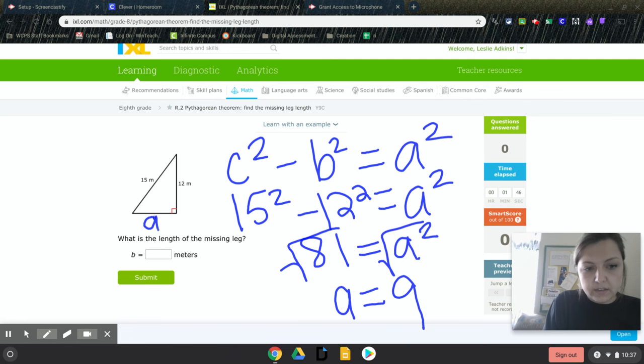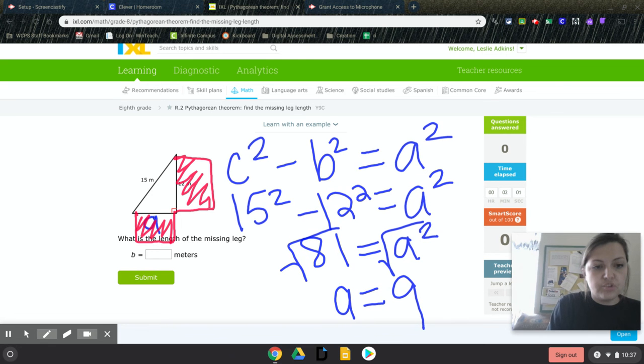So this side length would be 9, which means if we added the area of both squares, so if we added the area of this square with the area of this square, it should equal the area of this square.